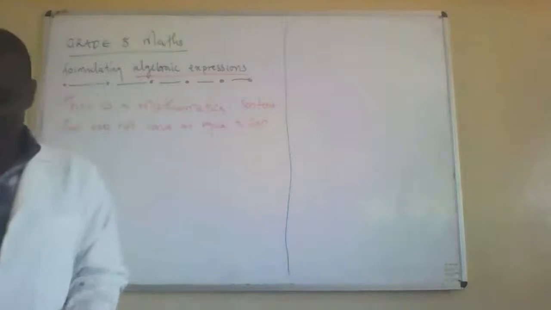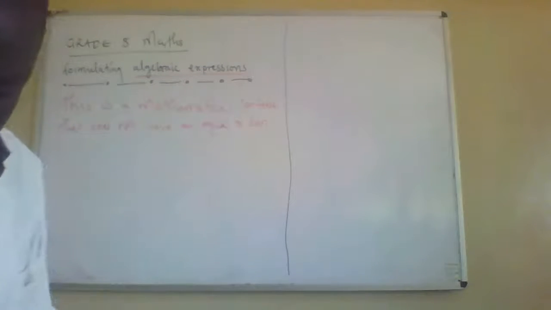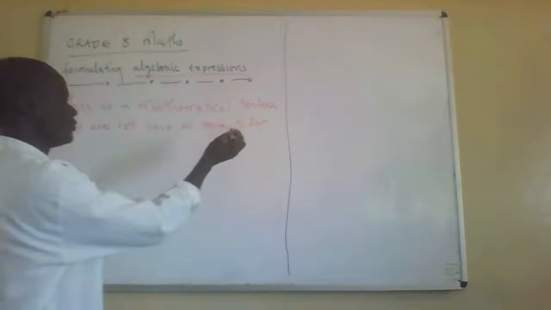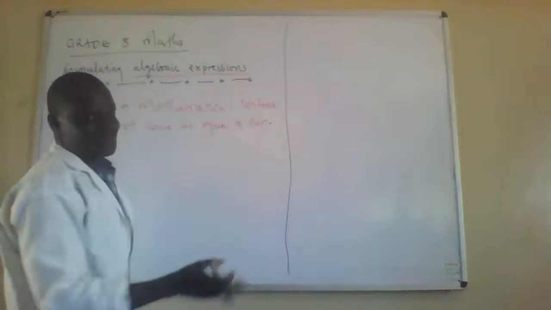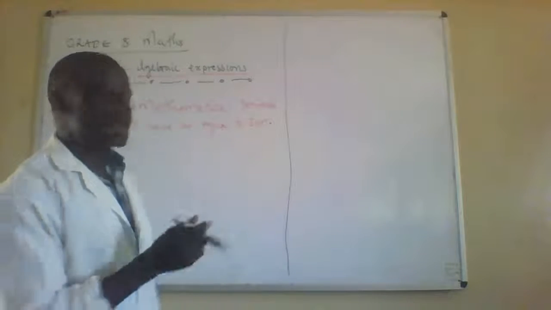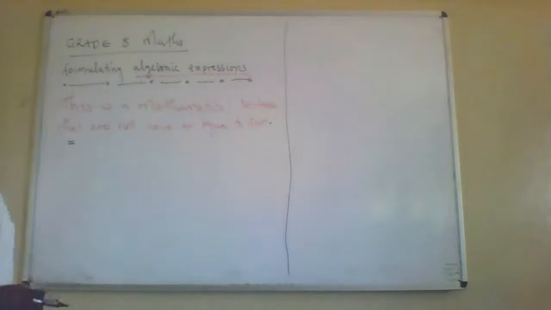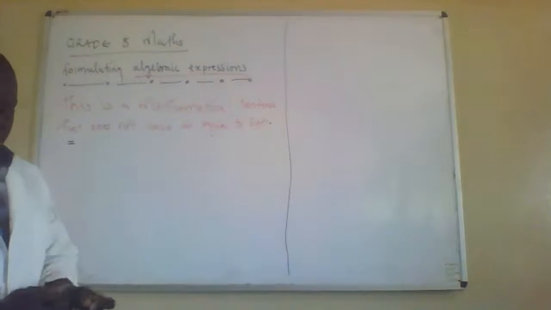Now we're saying an algebraic expression is nothing other than a mathematical sentence. In that sentence, you don't expect to find an equal sign. And we all know what an equal sign is. So such a sign is never found in an algebraic expression.